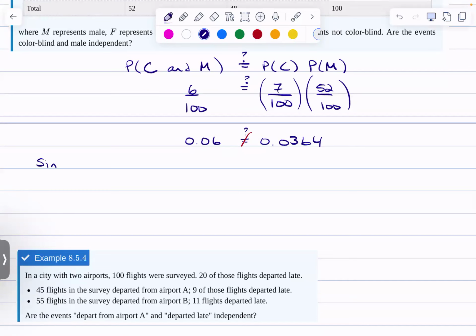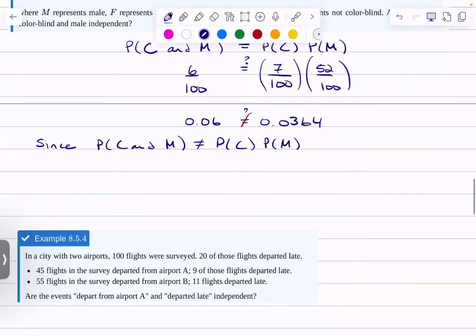So then the argument is going to be, since the probability of C and M is not equal to the probability of C times the probability of M, we can conclude C and M are not independent.